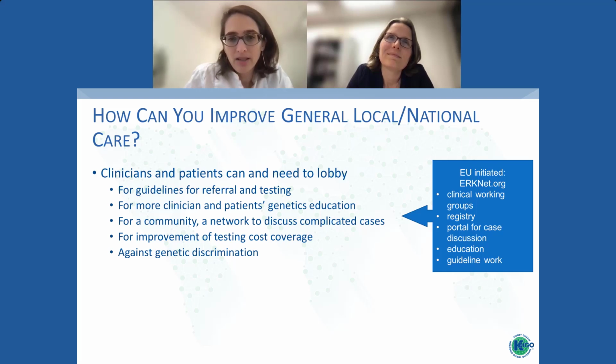In the military, they are allowed to use it. And if you are an employer of fewer than 15 employees, you are allowed to ask for family information. The GINA law does not cover life insurance or disability insurance at all. So there is actually no law against genetic discrimination for life and disability insurance in the US.